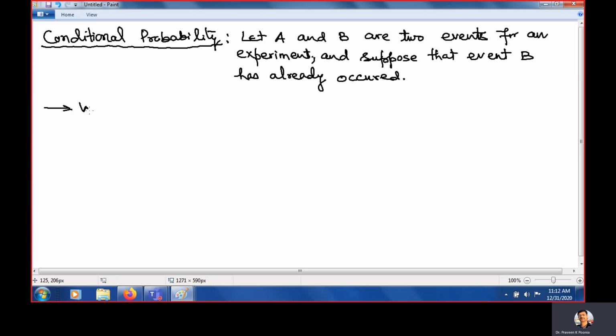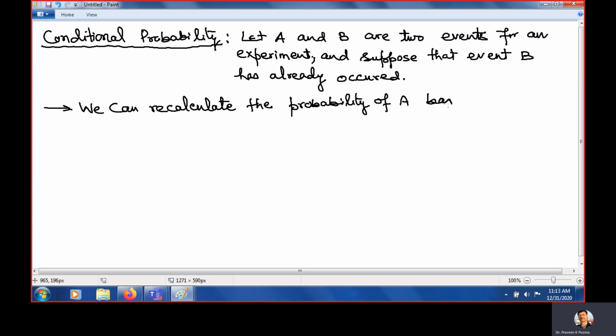Then we can recalculate the probability of A based on this information. Clear? And based on this information, we can recalculate the probability of A.